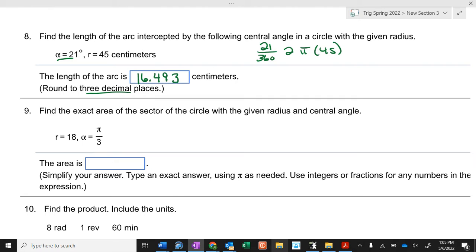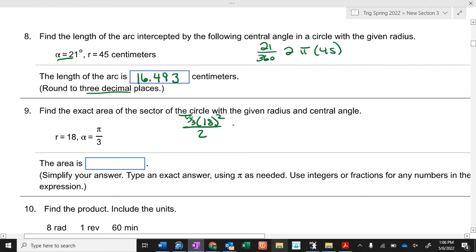All right, next, find the exact area of the sector of a circle. Now this is in radians. So if it's in radians, we use the radian formula for sector area, which is theta r squared over 2. Is that what it says over there? Pi over 3 theta, r. So pi over 3 r squared over 2.